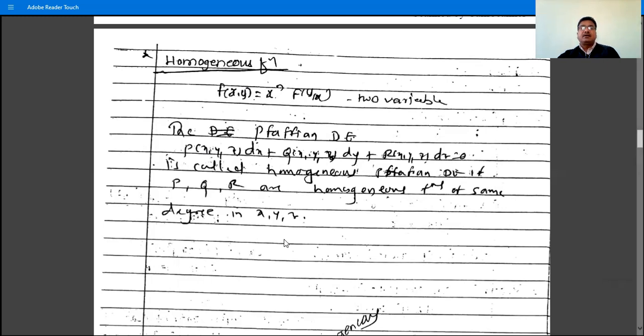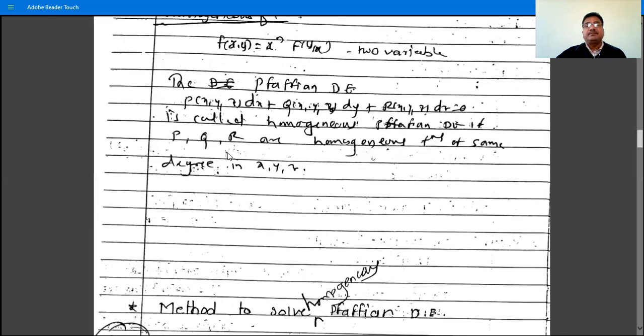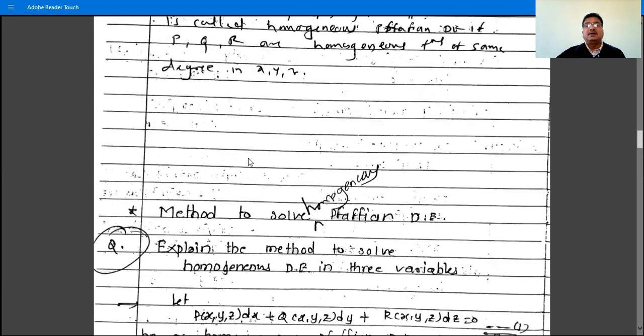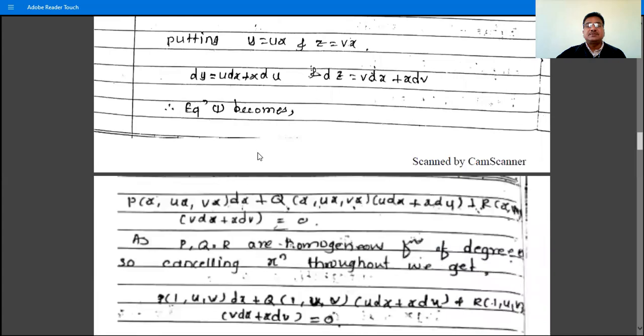So when P, Q, R are homogeneous functions of the same degree in x, y, z, that is, when the function P(x,y,z) is a homogeneous function, the addition of indices or powers of x, y, z in each term is the same, then we say P(x,y,z) is a homogeneous function of that degree.